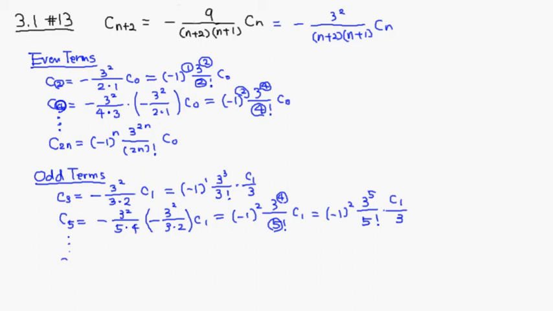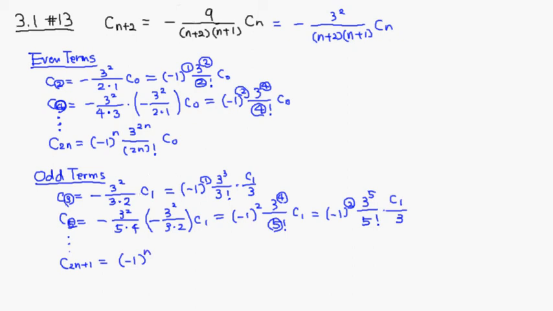We found C2n+1. So let's see. It's going to be negative 1 to the power, and you can see that when it's 3, it's 1, and when it's 5, it's 2. Which means that you subtract 1 from the number and divide by 2, so it's n power, which is nice.